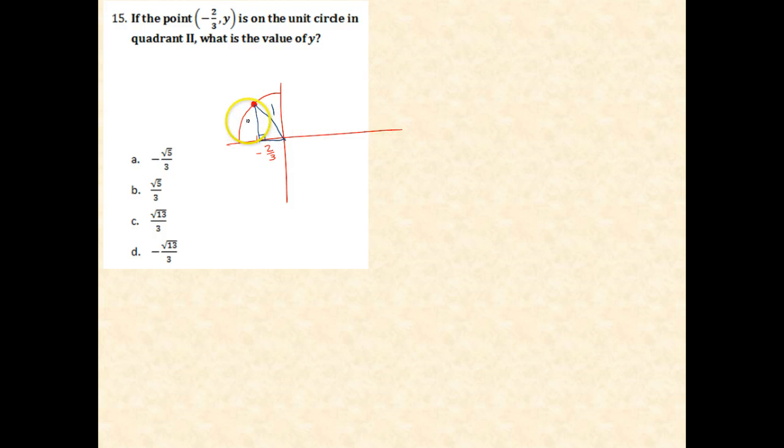So we're going to call this y, and leg squared plus leg squared equals hypotenuse squared. So y squared plus negative 2/3 squared equals 1 squared. y squared plus 4/9 equals 1.